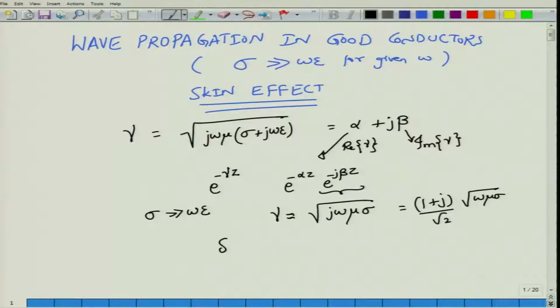We denote the variable delta as the square root of 2 by omega mu sigma. Therefore gamma is equal to (1 plus j) divided by delta, which indicates that alpha is 1 by delta and beta is also equal to 1 by delta. So the wave experiences phase shift as well as attenuation.